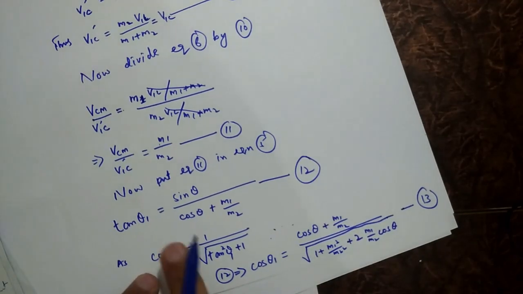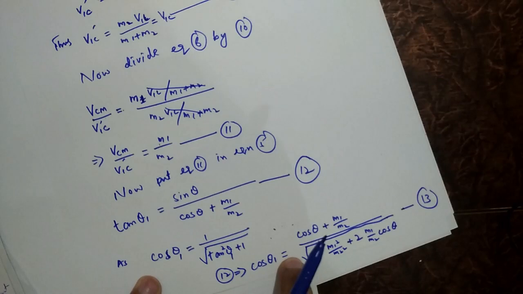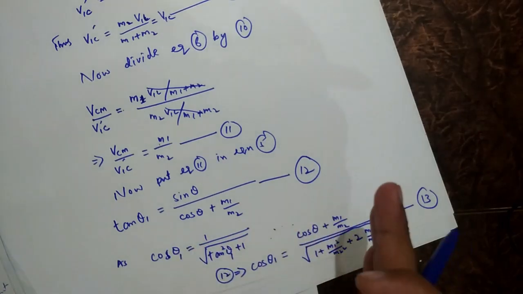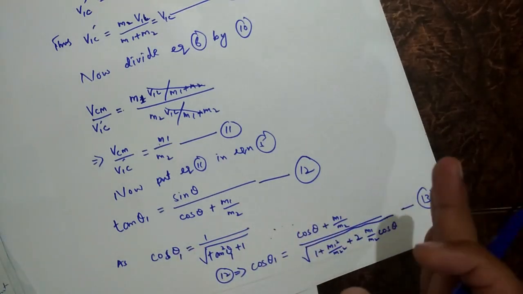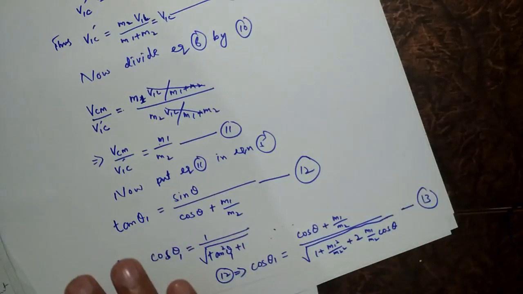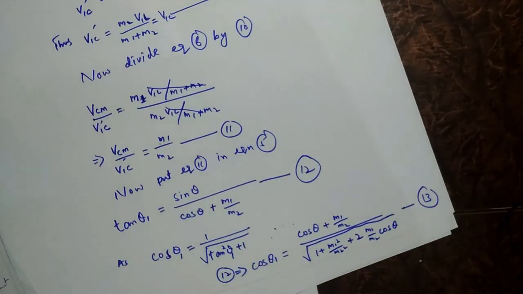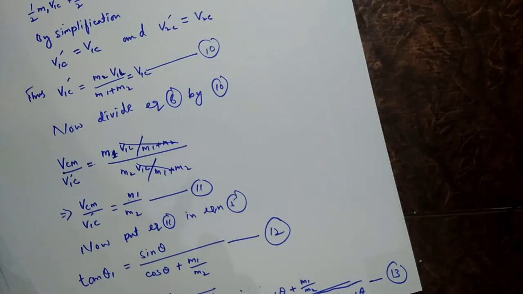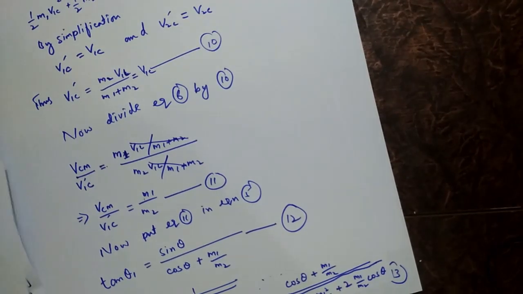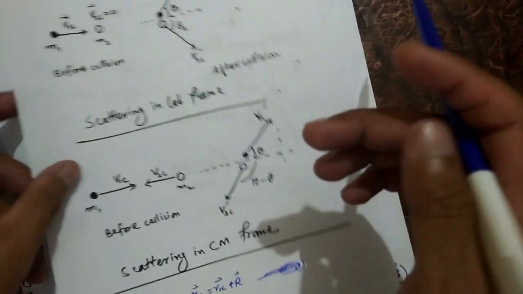So you can use equation number 12 or equation number 13 in order to transform from one reference frame to another reference frame for the scattering angle of the projectile. So this was the relation between theta and theta 1, as shown here in the figure.